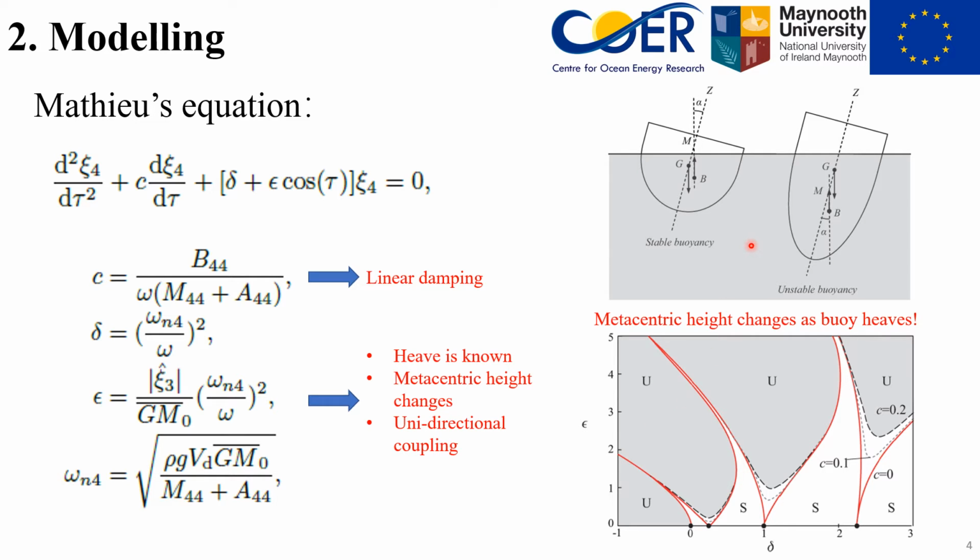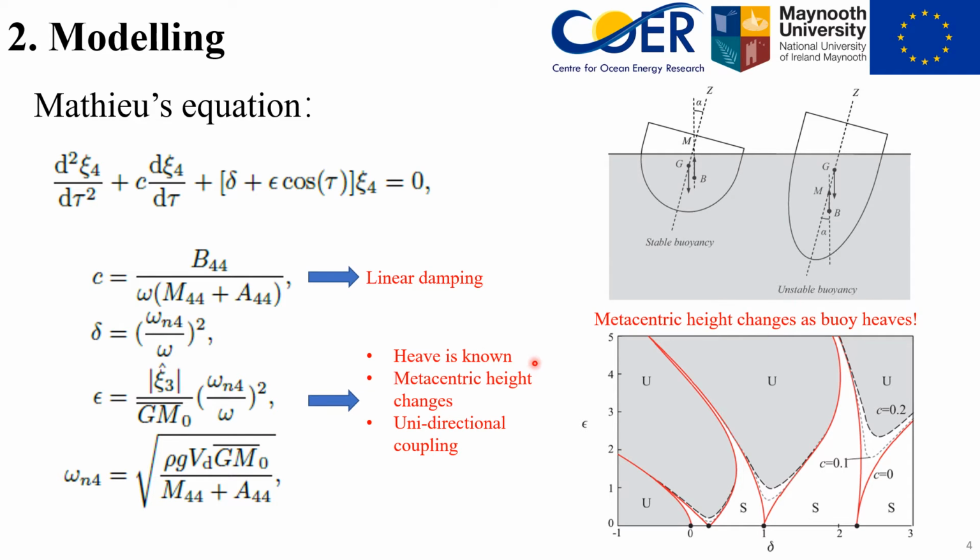Mathieu's equation also gives a good explanation of how parametric resonance occurs. As the buoy heaves, the metacentric height changes, which may produce unstable buoyancy.